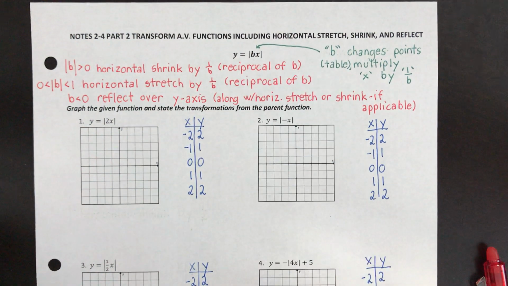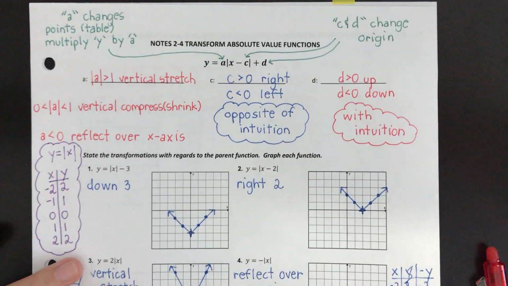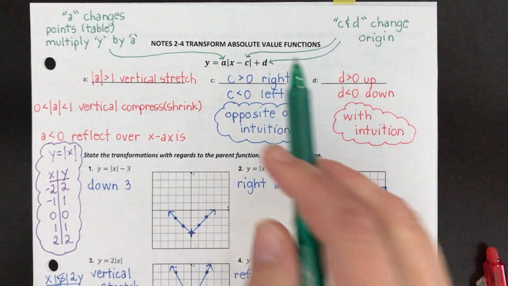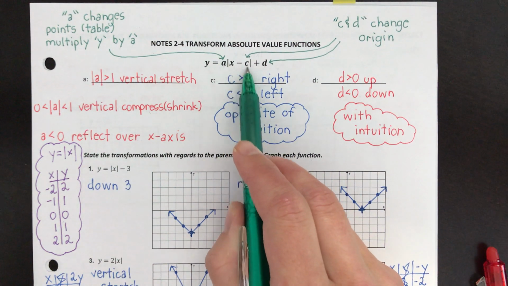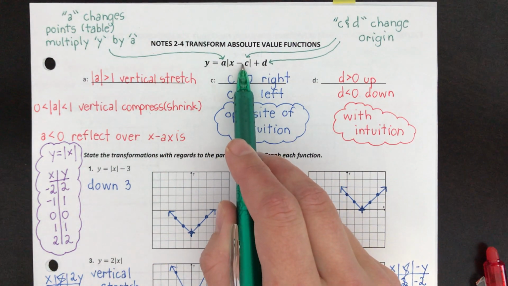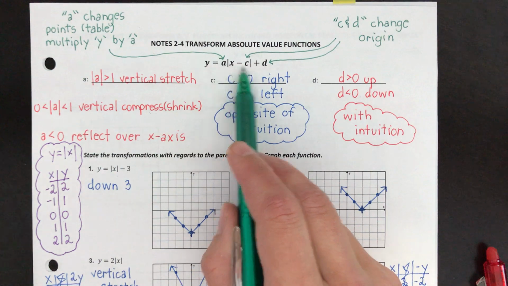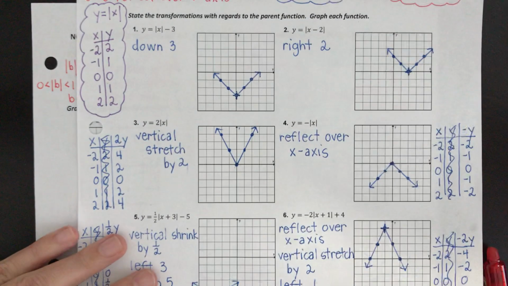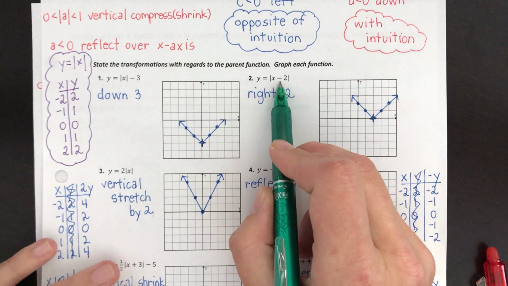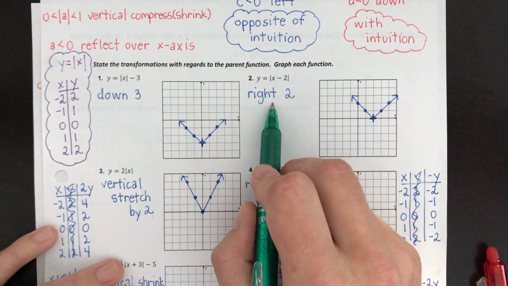And that should kind of make sense to you because going back to 2-4 part 1, remember that the values inside the absolute value bars, anything inside the absolute value bars, acts opposite of your intuition. What I mean by that is, remember here, that -2 actually shifts the graph right 2.